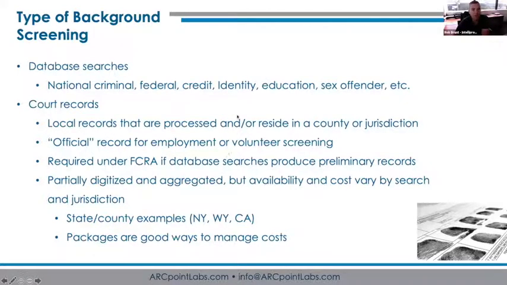Other forms of database searches would be identity verifications, address histories, all the identity information that gets pulled from, say, a credit header. Credit headers are a great way to get information. It's not a full credit check. You're just looking at the information that the credit reporting agencies utilize to track people. If there's anybody who's going to care about where people are, it's people you owe money to.